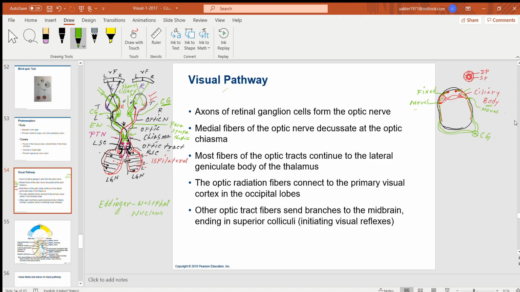So when the parasympathetic stimulation arrives due to the introduction of light, this end will move forward, will get shorter, will move this way.